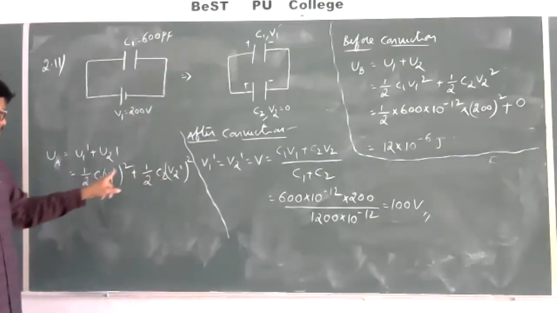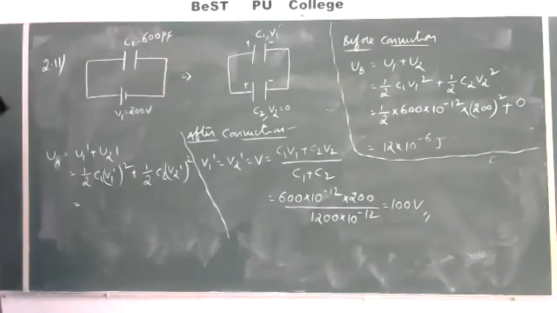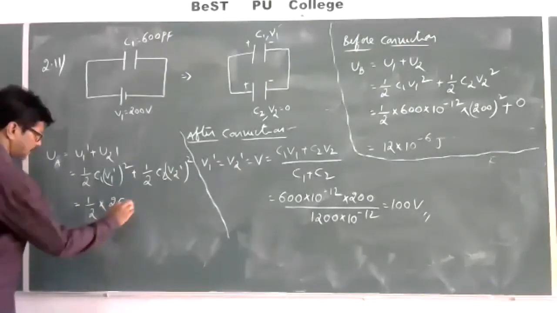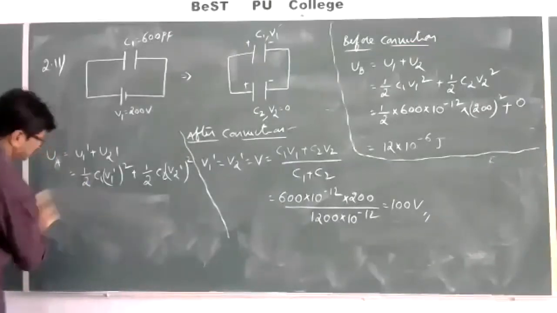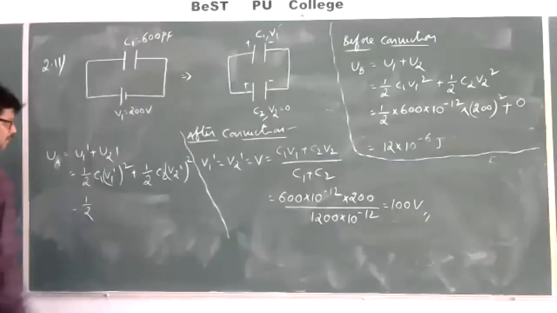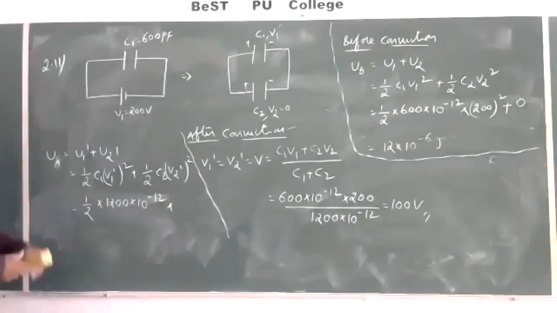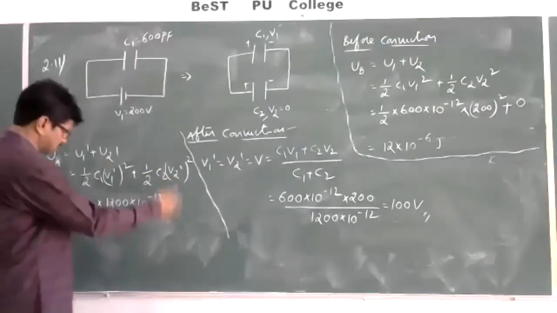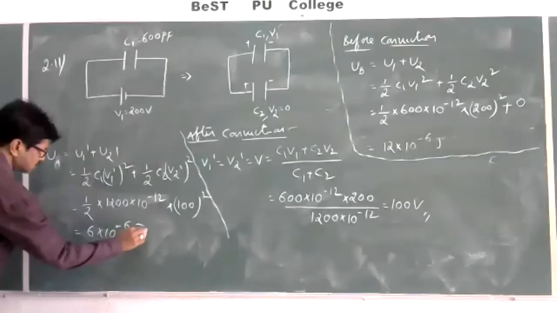We know that C1 is equal to C2, and V1 dash is equal to V2 dash, which is equal to V. So it is half into C1 plus C2, which is 1200, directly I am doing, taking V1 dash equal to V2 dash as common, V square, that is 100 square, which is equal to 6 into 10 to the power of minus 6 joules.